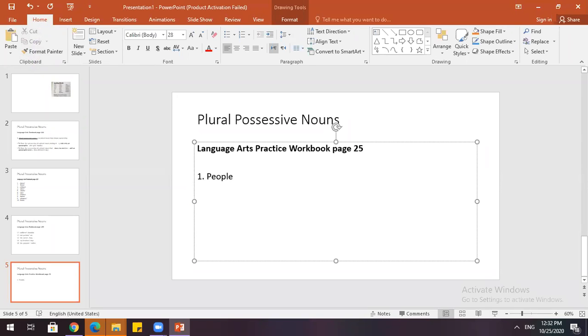Okay? People here is a collective noun. So remember, if it does not end in S, what do we do? Put S and then apostrophe. If it does not end in S, we add an apostrophe and then an S, like children. So people here is like children. We add apostrophe and S. Okay, Aisel?